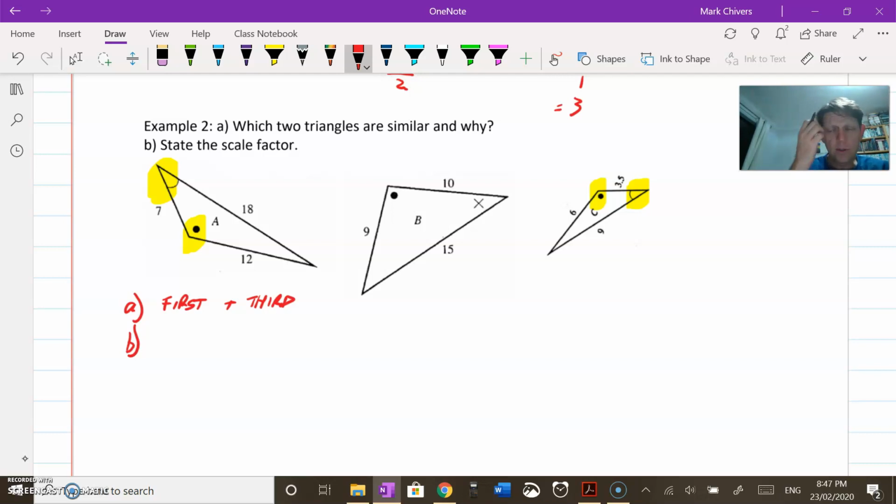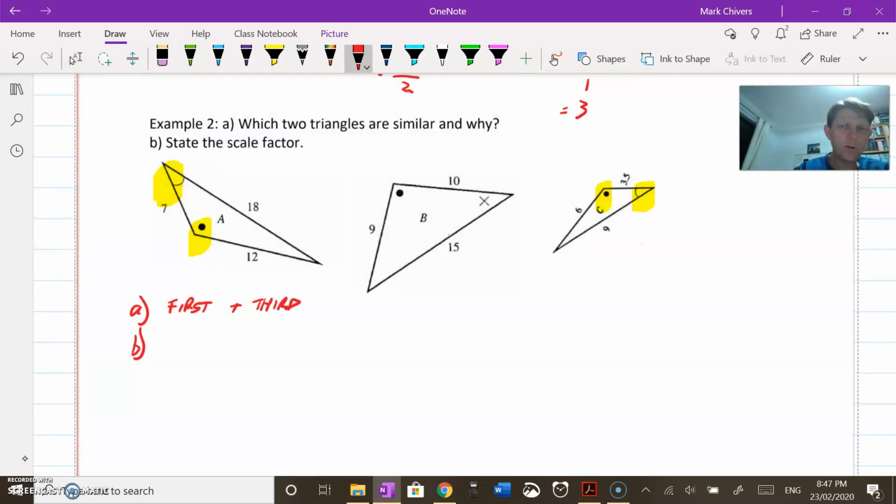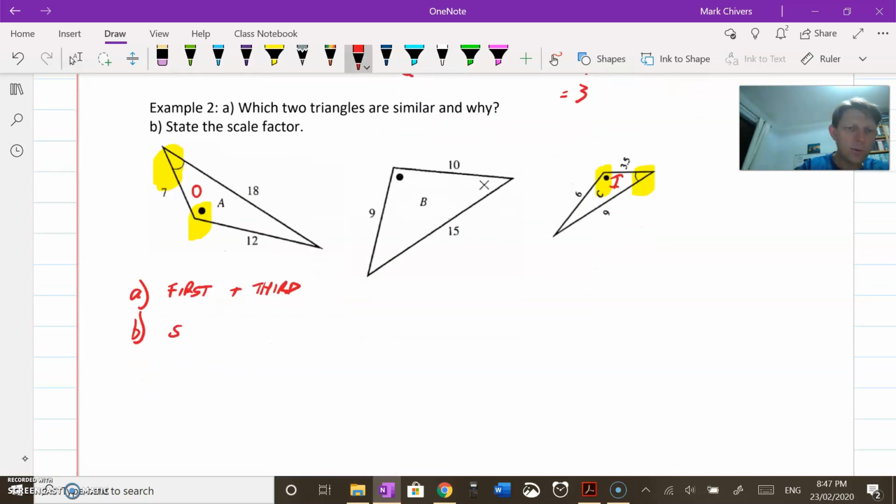So bear in mind, sometimes you'll have to rotate these shapes in your head before you decide what the scale factor is. But the easiest way to look at this is, in between those two marked angles is a side of 7 on the first one, and on the second one there's a size of 3.5. So if I call this one my object, and this one my image, then I just use that basic formula we had before.